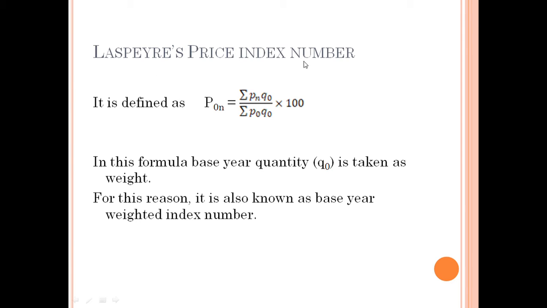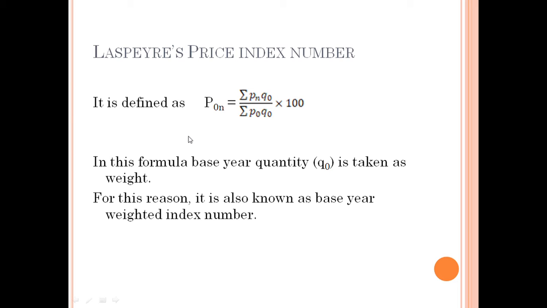For Laspeyres price index number, the weights are the base year quantity, and for this reason it is also known as base year weighted index number. Sometimes in a question it would be written, find the base year weighted index number. Laspeyres will not be written there. You should keep in mind that both mean the same formula.